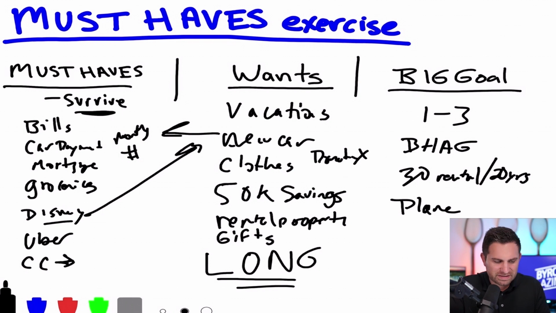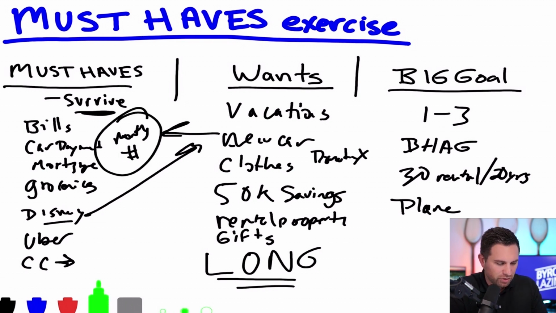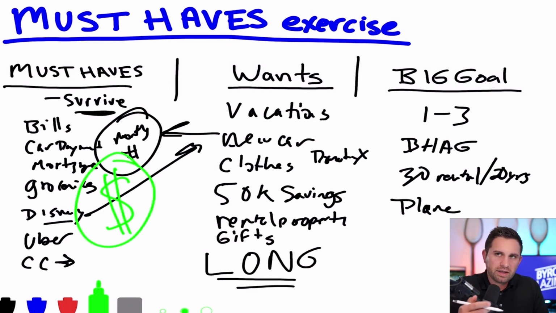Once you've listed everything out and you know this monthly number, you know how much money you need to survive, okay? So you've got that number out there. We're going to go through listing that number here in a later video. But once you know that number, you're going to say, okay, I want some other stuff. Like, I don't want to just survive here.